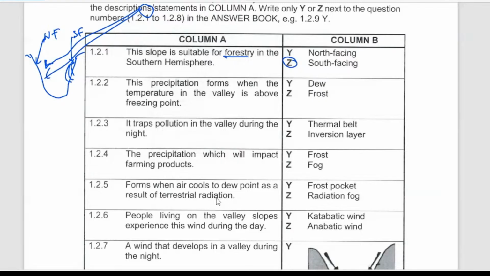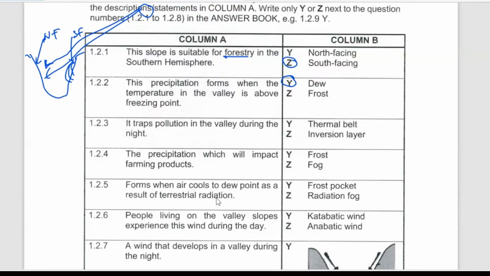This precipitation forms when the temperature in the valley is above a freezing point. When the temperature is above freezing point, we tend to have accumulation of water droplets on the ground surface and on vegetation. And that kind of precipitation is the one that we refer to as the dew. Right, usually you tend to find that in clear cloudless nights of the winter season.